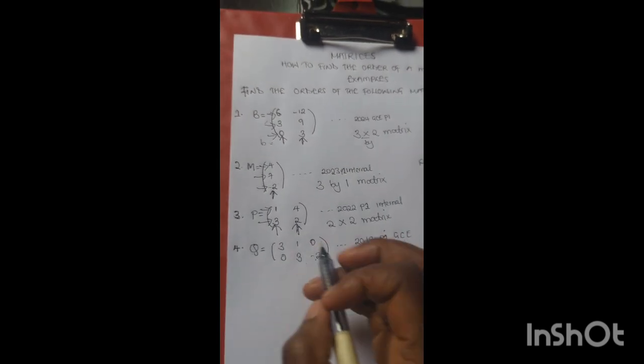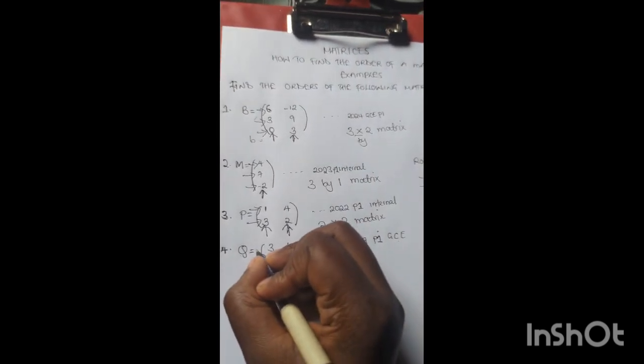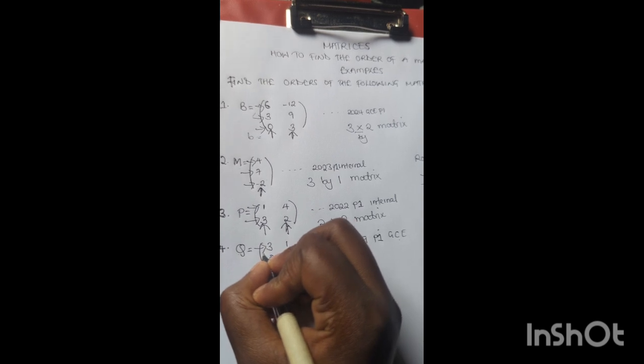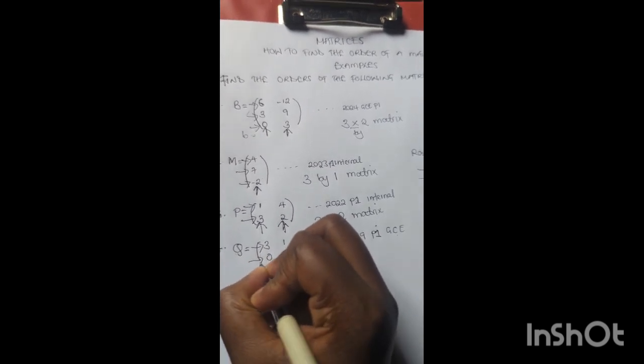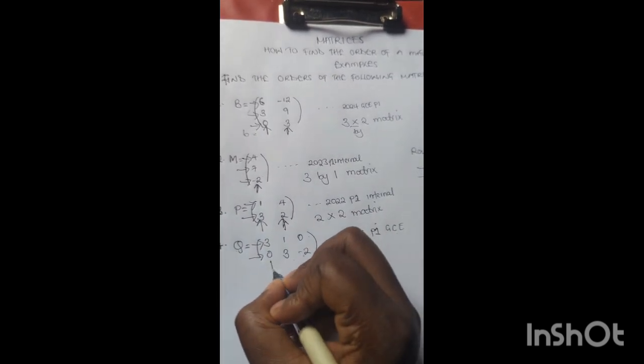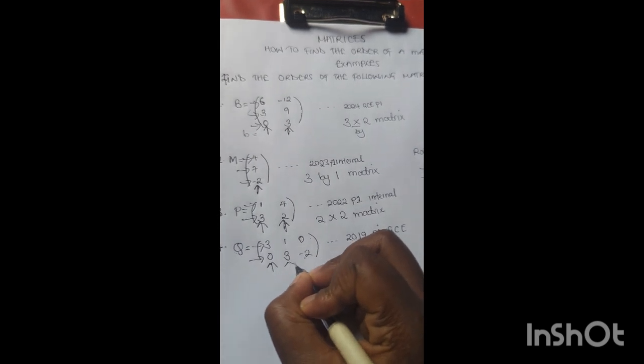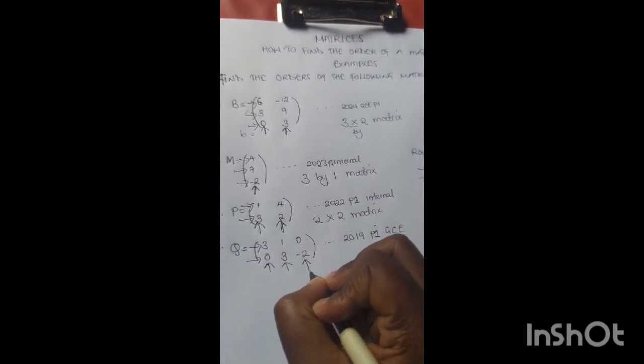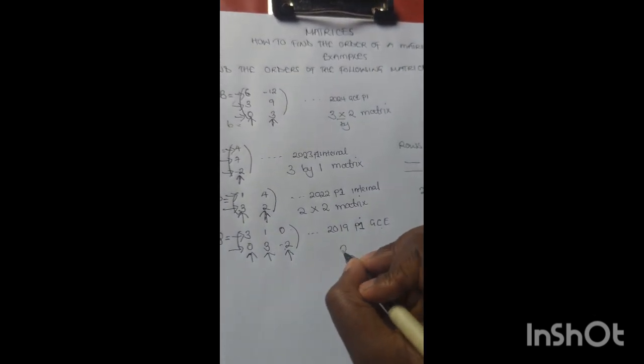Honestly, guys, no one should fail just counting the number of rows and columns. So counting the number of rows, 1, next 2, these are rows, columns, 1, 2, and 3. So what's the answer? 2 by 3 matrix.